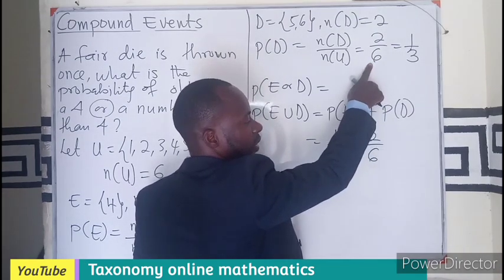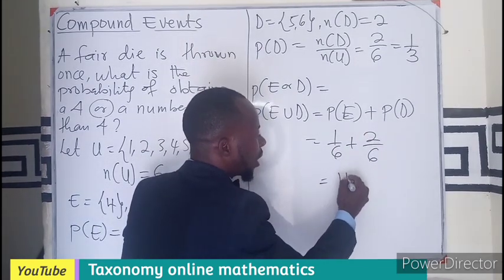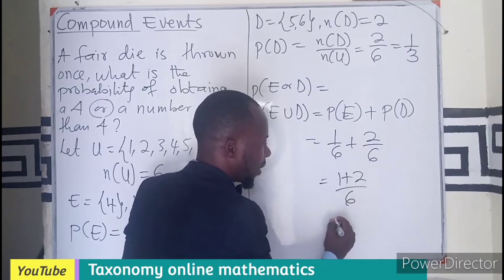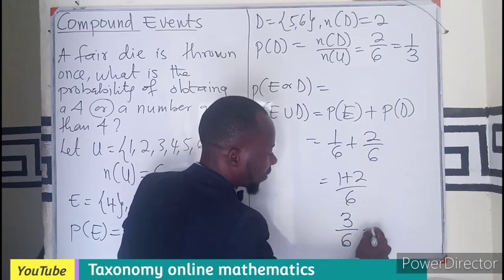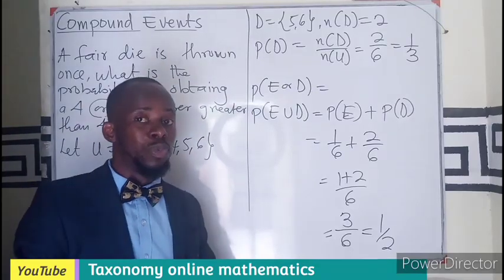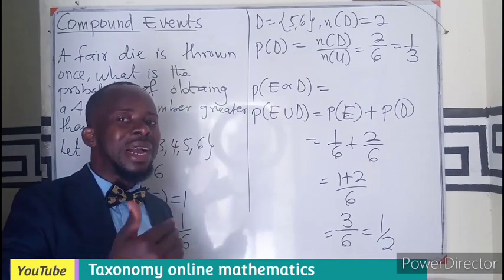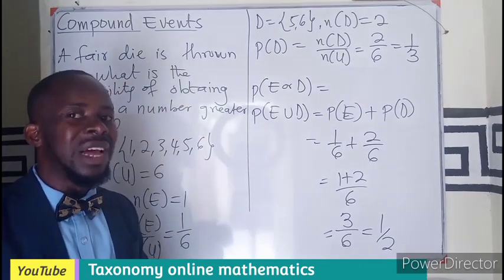This is the same as this. We have the same denominators. So we add 1 plus 2 over 6, and that is 3 over 6, which is 1 out of 2. So simply put, the probability of obtaining 4 or a number greater than 4 is just half.